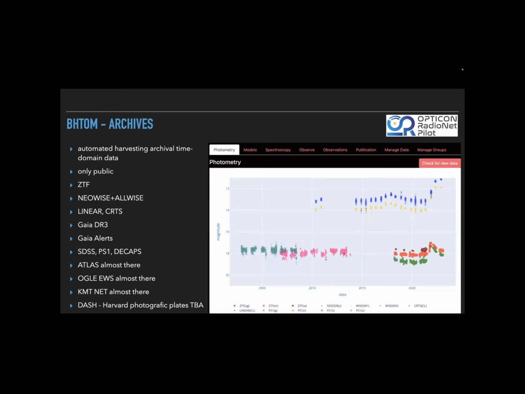Some of the things are still in progress. It depends, as you might know, many of the surveys have horrible APIs, or they don't even have APIs. So you have to come up with a clever way to grab the data from them. But this is what we've been working on, and it is done in an automated fashion. Sometimes I myself was surprised seeing some additional data I wasn't even aware existed.